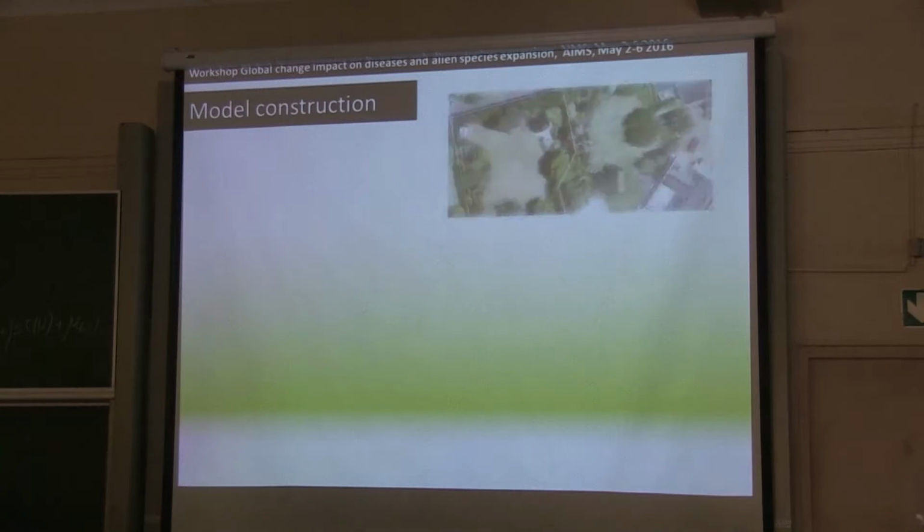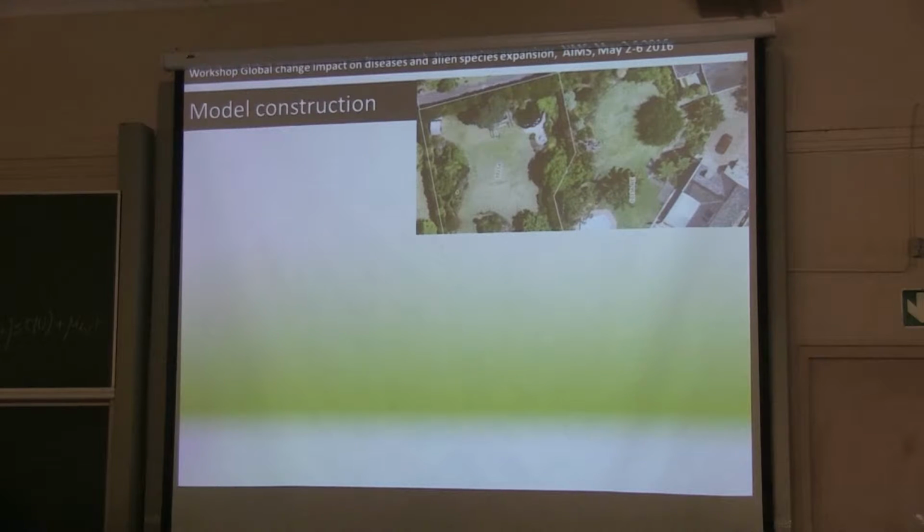To build our model, the first step was to map, using aerial images, where all these garden ponds are located in Cape Town. So I literally checked thousands and thousands of aerial images, and I literally spied on people in their gardens to locate all these different garden ponds.